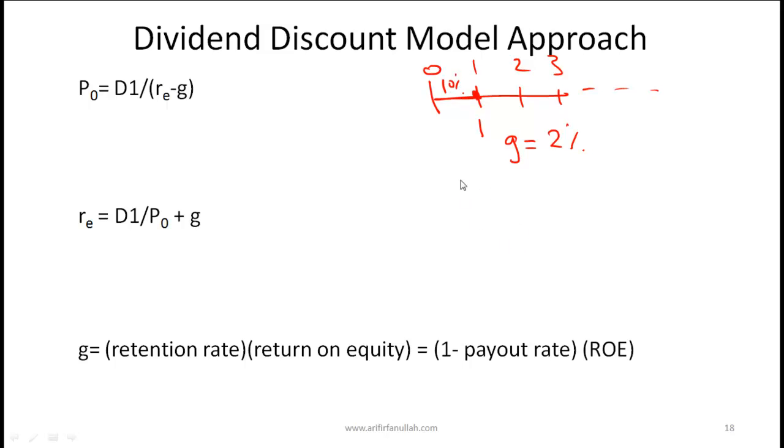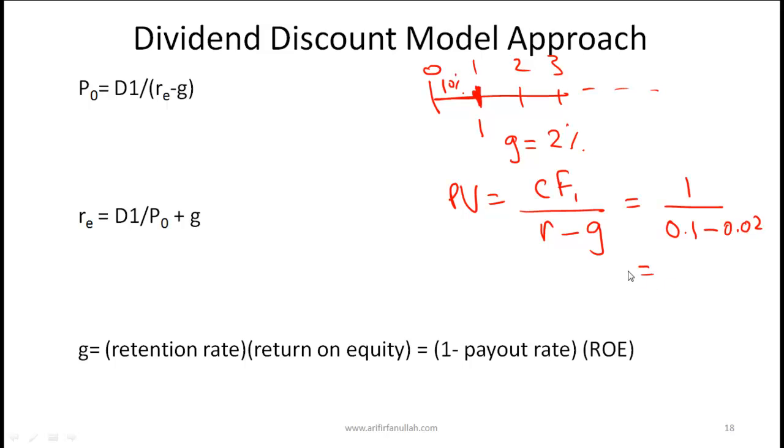Then the present value of a growing perpetuity is equal to cash flow 1 divided by discount rate minus G, which is the growth rate. So in my simple example, cash flow 1, which is the cash flow at the end of period 1, is 1, divided by the discount rate, which is 10%, so that is 0.1, minus the growth rate, which is 2%, so that is 0.02.